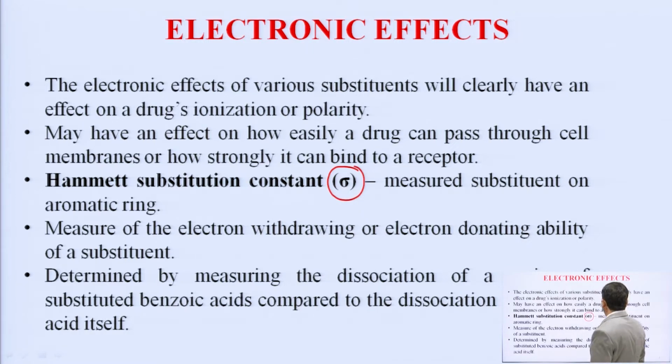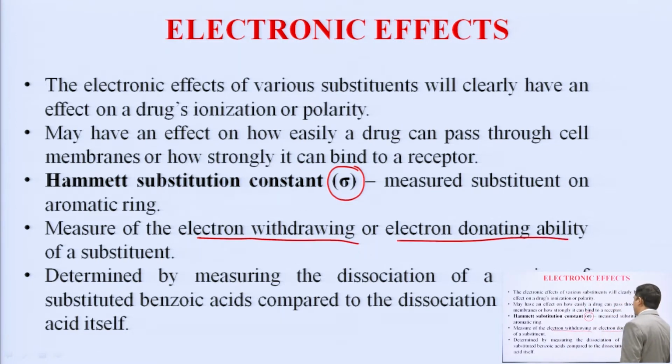The sigma value measures the effect of substituents on the aromatic ring. At the aromatic ring, various types of substituents are present, and it measures how they affect the electronic parameters of the whole molecule, whether electron withdrawing or electron donating.